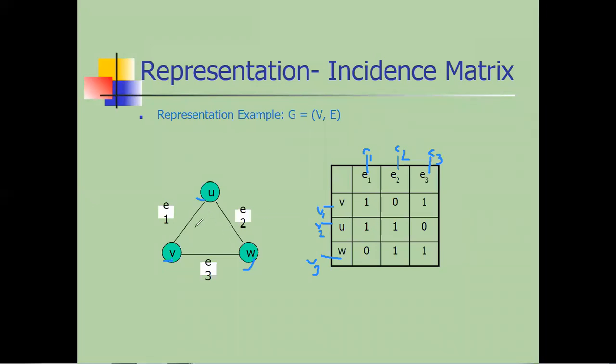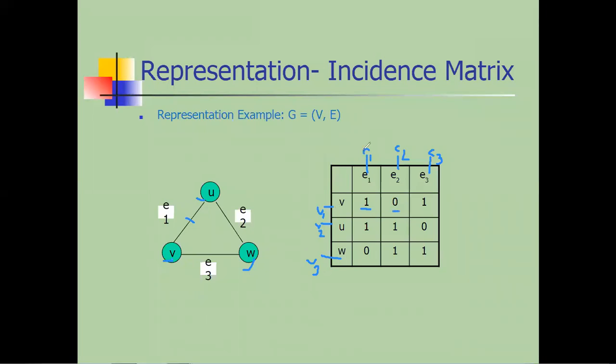Just concentrate on V. We can call it U and V. If there is any edge present in that combination, then we can represent the value 1 here. And for vertex V and E2, no edge is present, that's why it is 0.